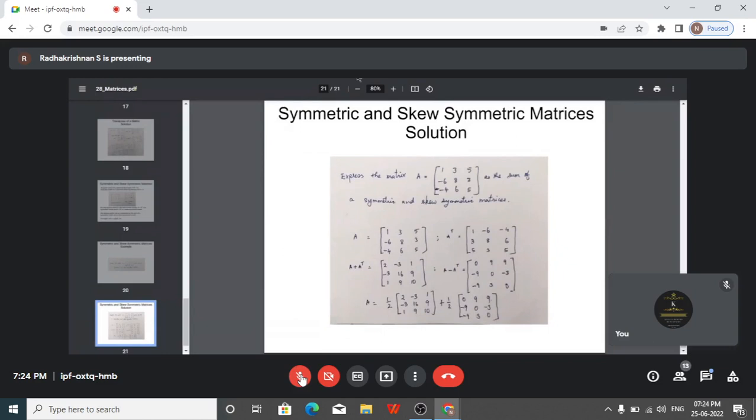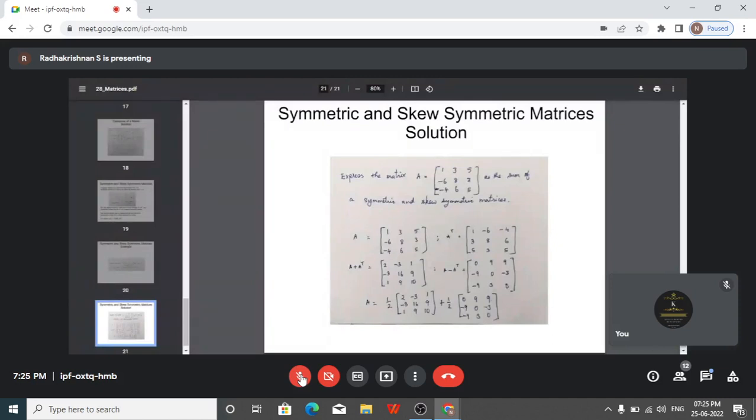So I will show the solution now. Like I said, the first step is, given the matrix A, you write its transpose. So write rows as columns and columns as rows. That's your transpose. Then you write A plus A transpose and A minus A transpose, simply adding or subtracting the corresponding elements. You get A plus A transpose as 2, minus 3, 1; minus 3, 16, 9; 1, 9, 10.